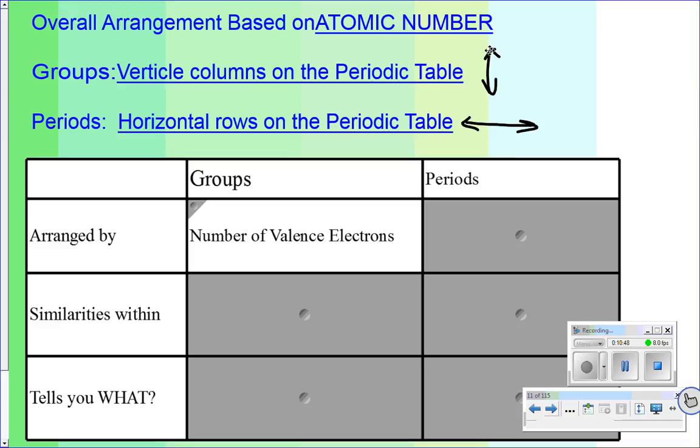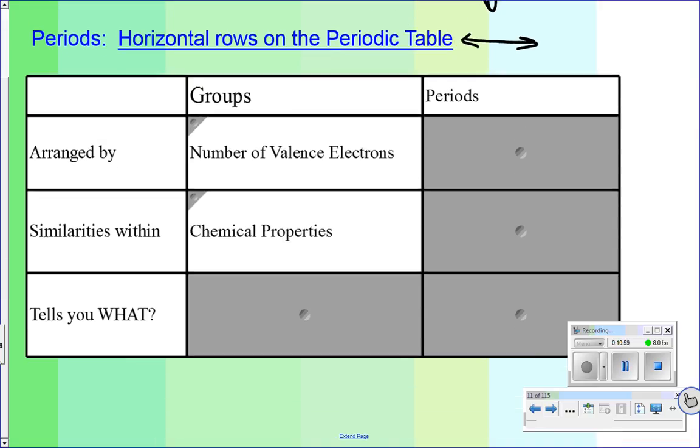Sometimes that gets a little weird in the middle of the periodic table, but that's especially true in our representative groups on the edges of the periodic table. Because they have the same number of valence electrons, they're going to have a great deal of similarity in chemical properties. There's often a great deal of similarity in physical properties as well. This will tell you oxidation state or charge, and will predict how something will bond. So anything in the same group is likely to bond in a similar fashion.